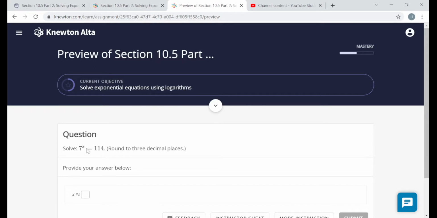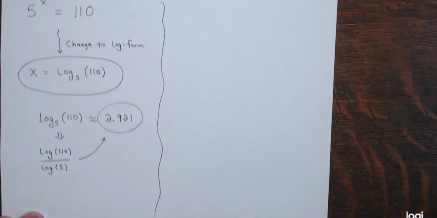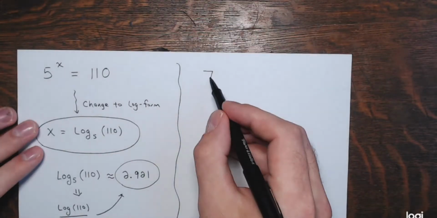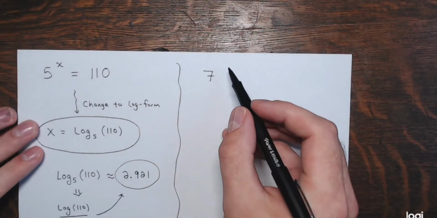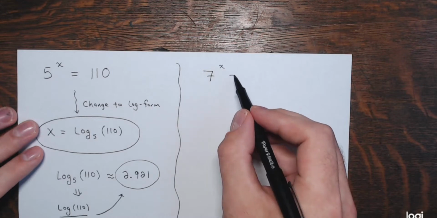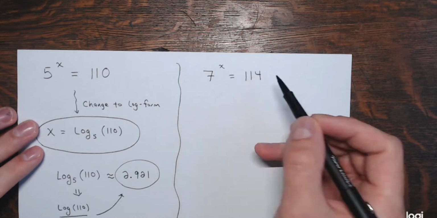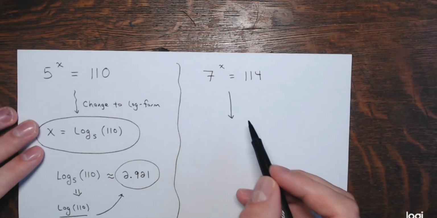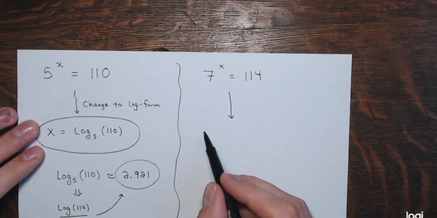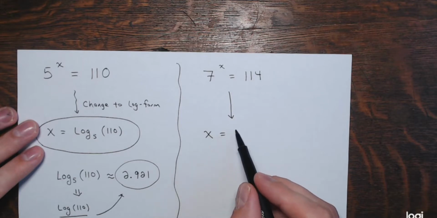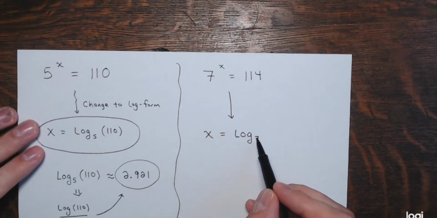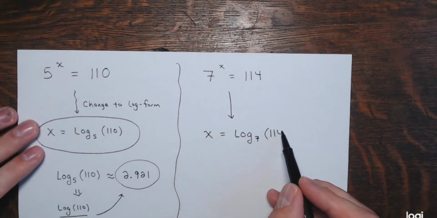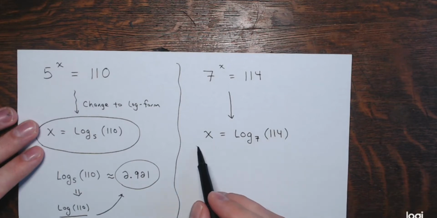We're asked to solve this equation and round our solution to 3 decimal places again. So we have 7 to the x power equals 114. This is in exponential form. If I change to logarithmic form, that's x equals the log base 7 of 114, and x is solved for. There's the answer.